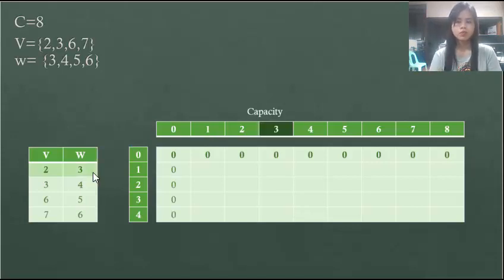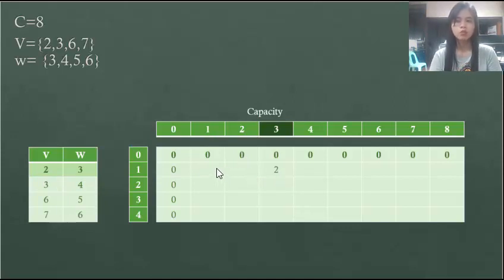For the first row, we take the first item. Since the weight of the first item is 3, we can only fill the values on the table when the capacity is at 3. What is the value of the item? It's 2. So we fill the table with 2 as the value.